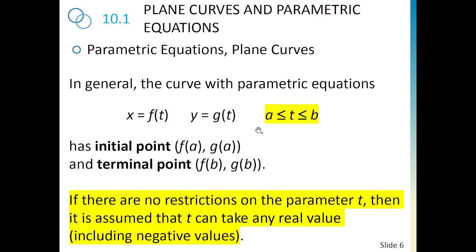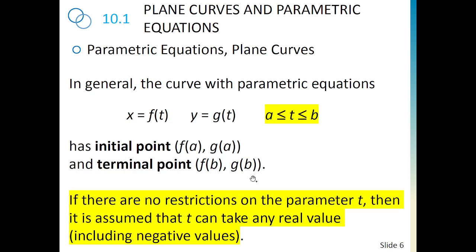If we have an interval for t, so let's say t is between minus 2 and 75, that means at t equal minus 2 we have the initial point, and at t equal 75 we have the terminal point. So that would be a finite curve.